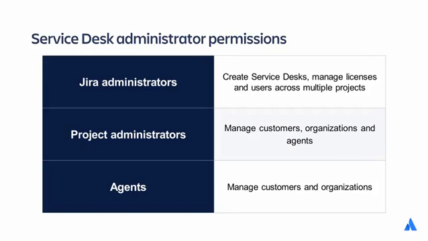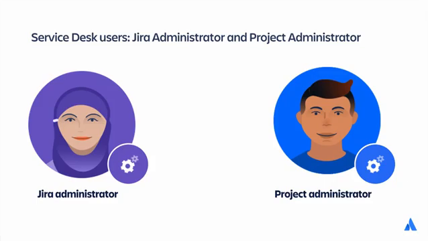Let's look in a little further detail at the different users for the service desk. Managing who can use your knowledge base and their permissions is essential in creating a service desk that contributes to the knowledge base. In the service desk, the main user set by your Jira administrator will be the project administrator.